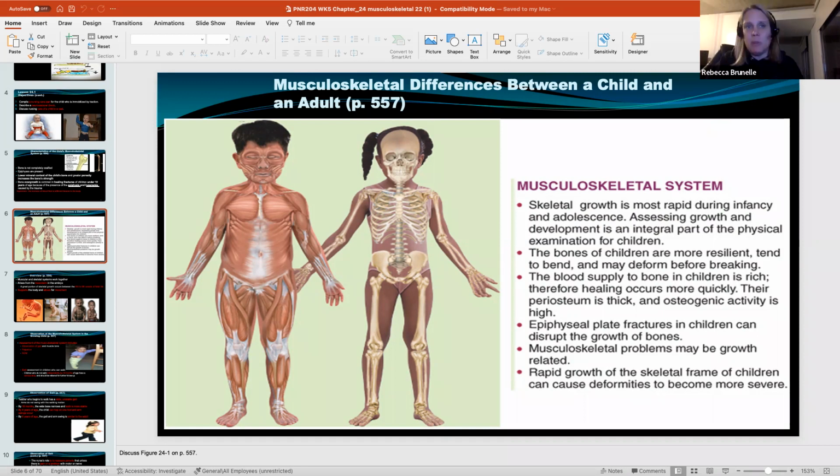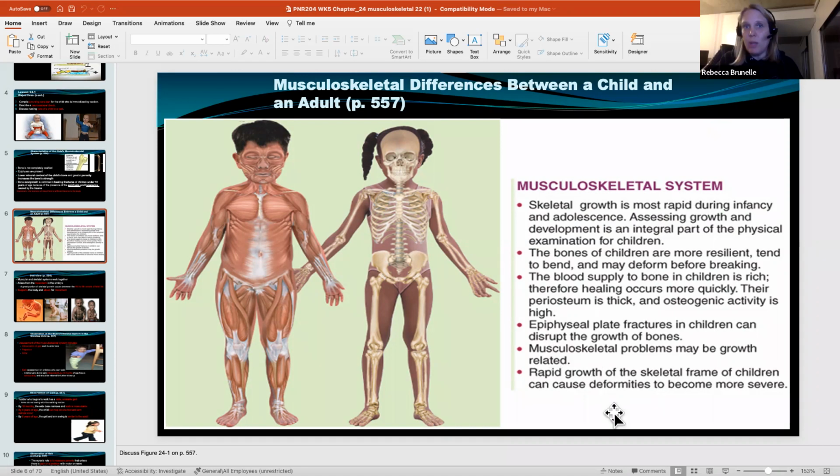There is this very specific part of the bone that you need to know, which is the epiphyseal plate. This is where the growth plate is. It is the head of the bone, and if there is a fracture that occurs there, that can affect the ability of the bone to grow over time. So this is a more serious or more concerning fracture.